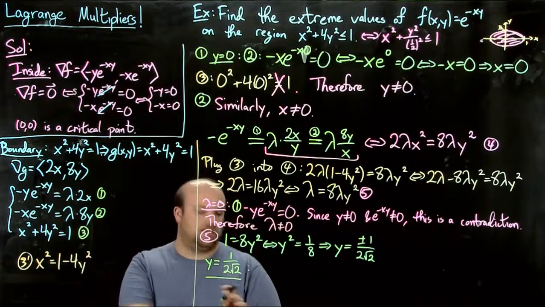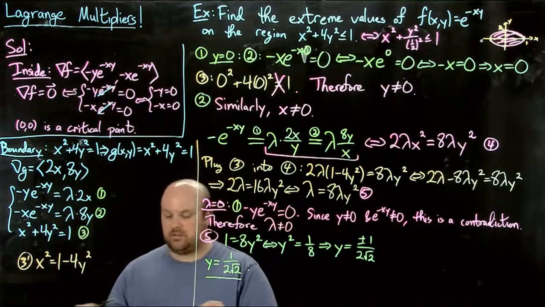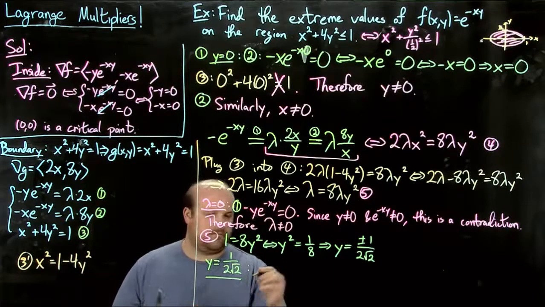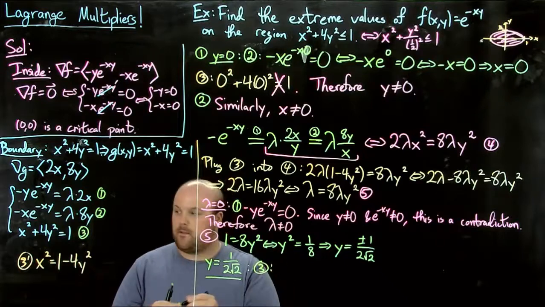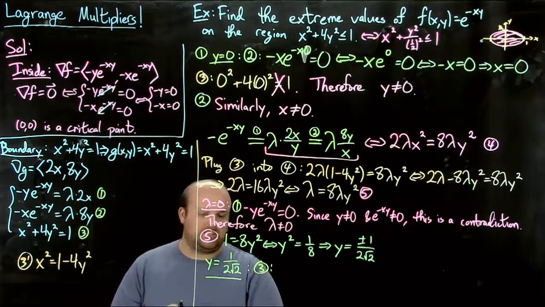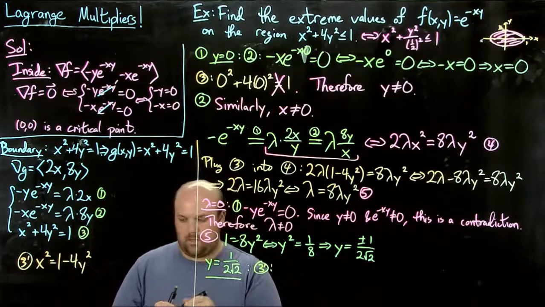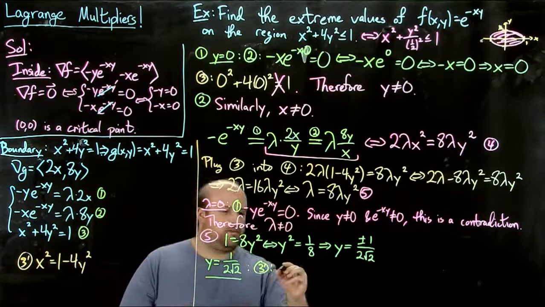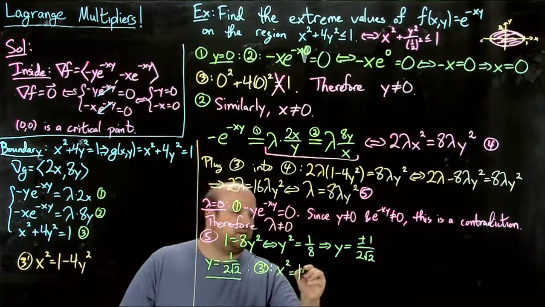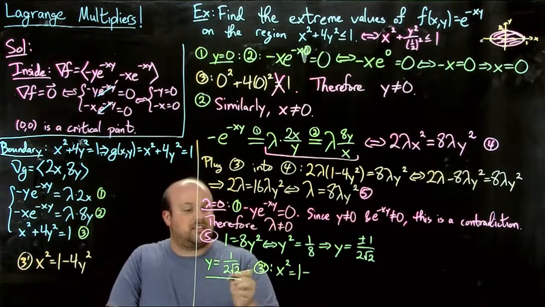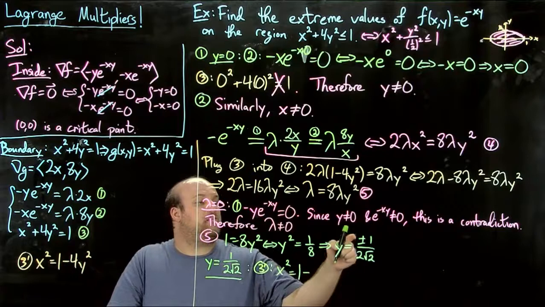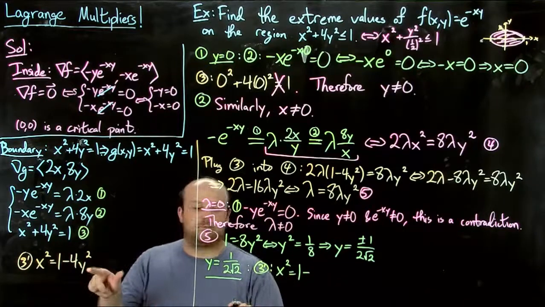So in this case, we plug things into equation 3. And actually, it's maybe easier to even use 3 prime. We get that x squared is 1 minus, and in this case, notice it doesn't matter whether y is positive or negative because we're squaring it.